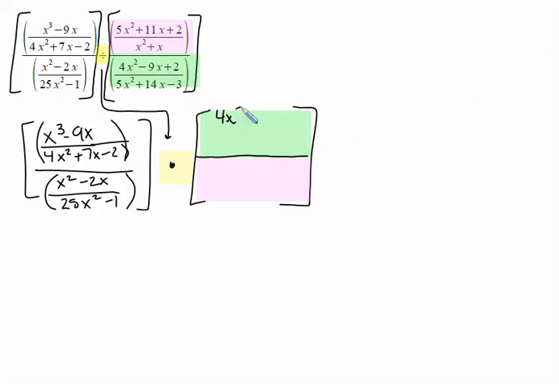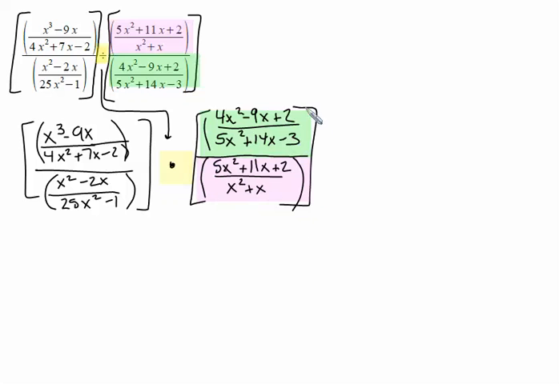So up here in green will be the 4x squared minus 9x plus 2 all over 5x squared plus 14x minus 3. In magenta, this is 5x squared plus 11x plus 2 all over the x squared plus x.